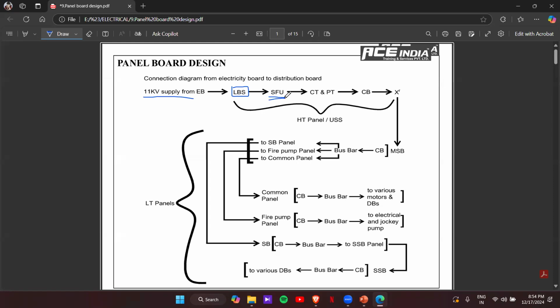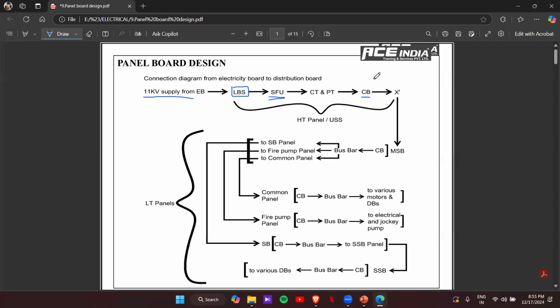Again, this has the same purpose as the fuse, to give protection. The CT and PT, the current transformer and potential transformer, both can be used. Then the circuit breaker, which is placed on the main incomer side. After the circuit breaker we have the transformer.